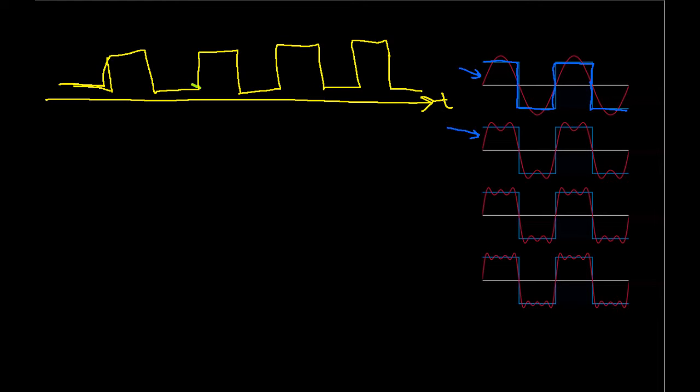And by adding yet another sine wave that has a frequency of 5 times my fundamental frequency, or the frequency of the first sine wave, you can see that I can get even closer to something that looks like a square wave. The idea is that I can take the square wave and break it down into a sum of sine waves.